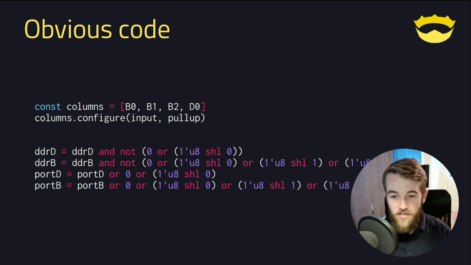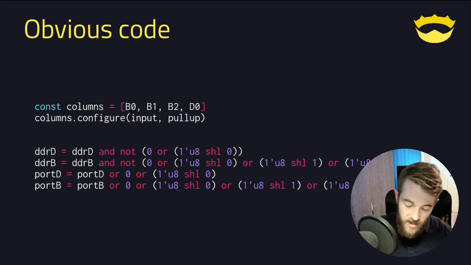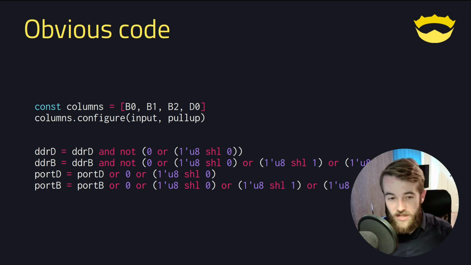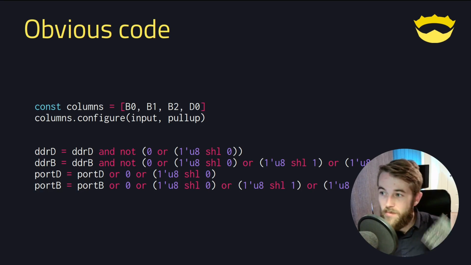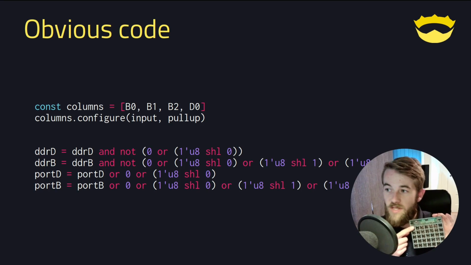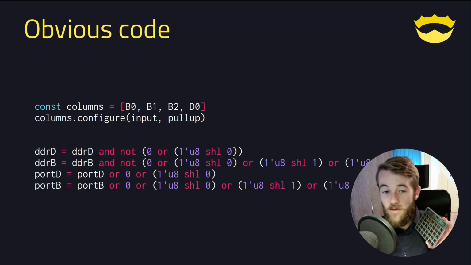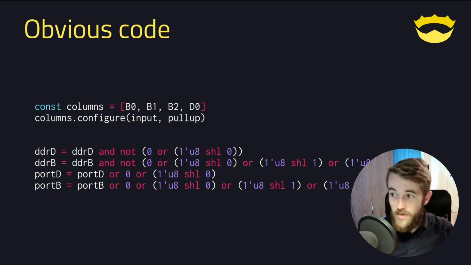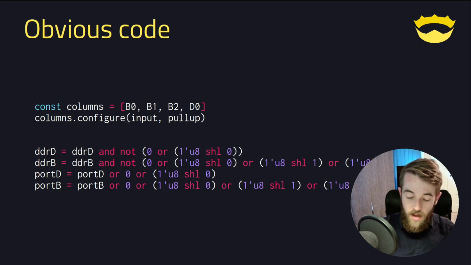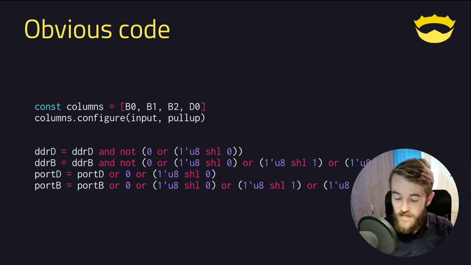So it does smart things like this, and that not only brings the code size down. I actually tried this first without this, and this actually brings the code size down quite a bit. But it also means that when I'm using the port expander, I have a similar configure macro to this, and that cuts down on I2C communication, which makes the whole thing run faster, which means we can add more sensors because there's less overhead.